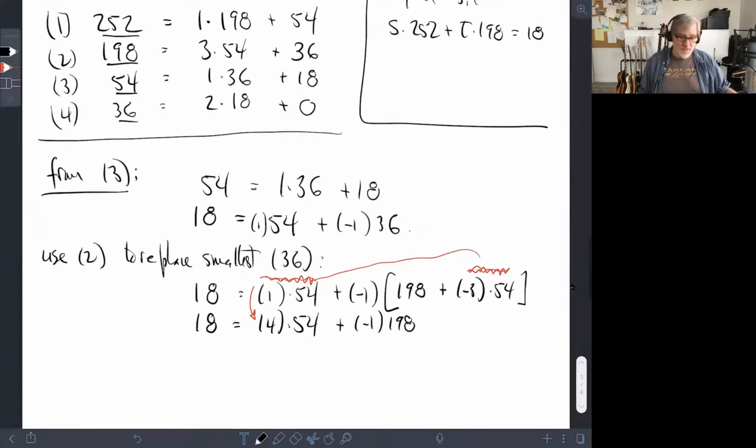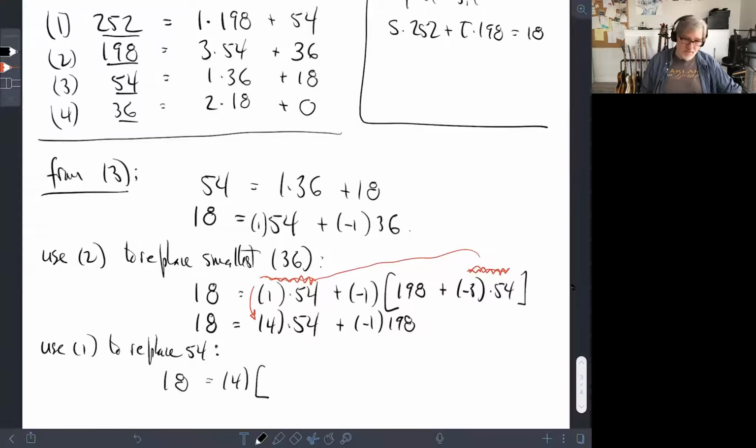That's using equation 2. And now I'm going to use equation 1 to replace the smallest one, which is 54. So 18 is 4 times, and now I replace this 54 using the first equation.